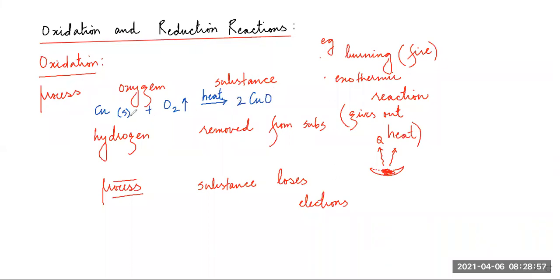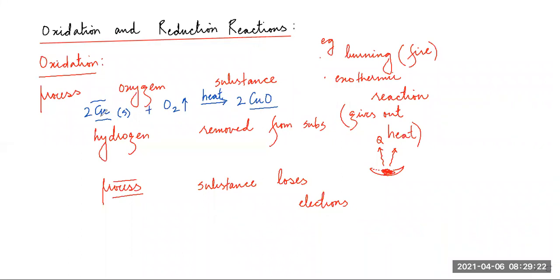Let me balance this. Two atoms of copper with one molecule of oxygen gives us 2 units of copper oxide. It's balanced on both sides. Here, oxygen has been added to copper. Initially, in the reactant, oxygen was not there with the copper, right?